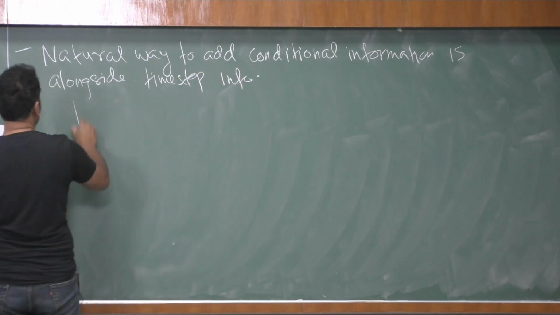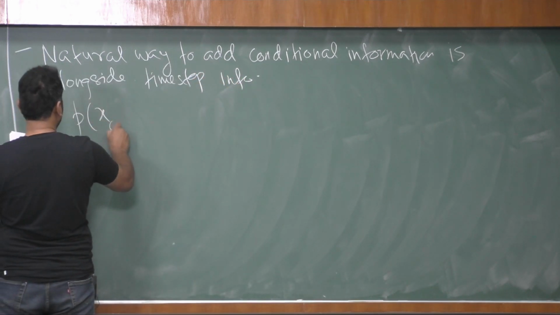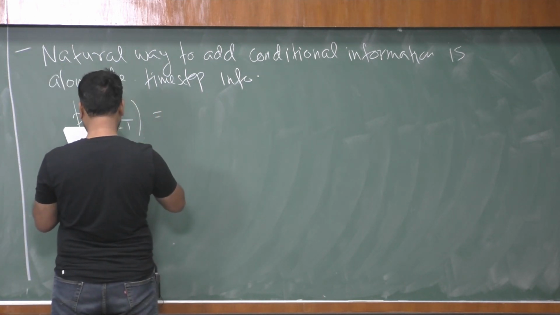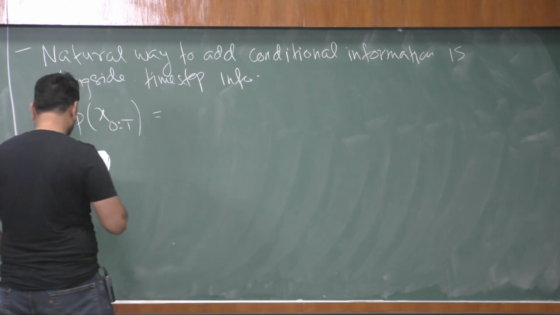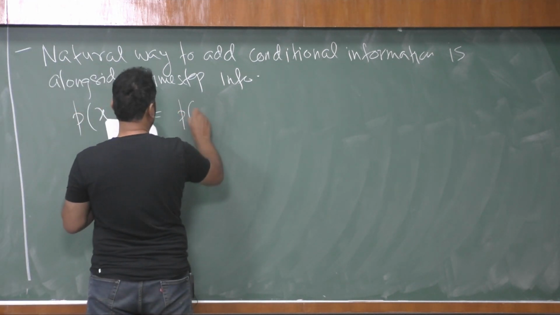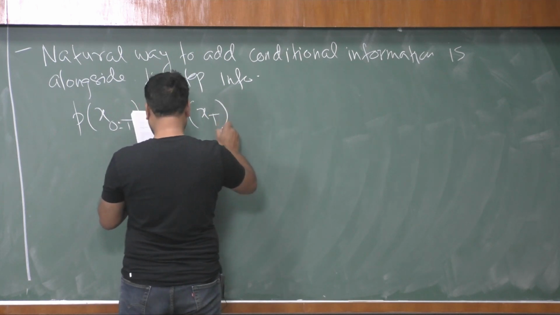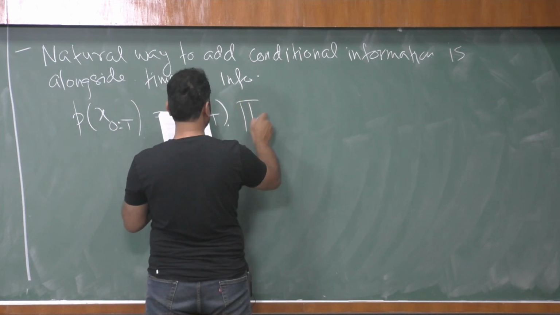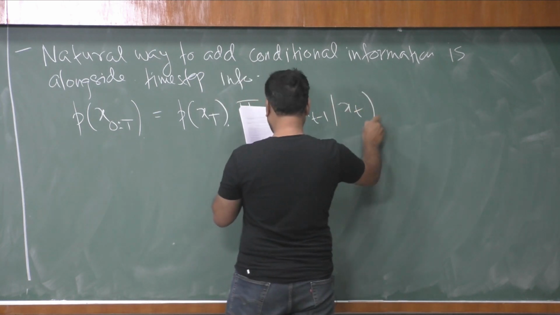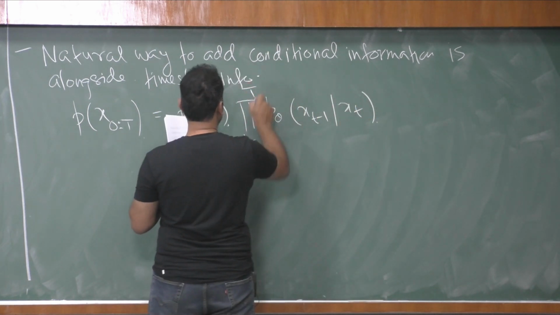If we write this down, we are thinking of x0 to t, the joint distribution, and this is something we recall from the way we started deriving the diffusion models. So this is p theta of xt minus 1 given xt, for t equals 1 to T.